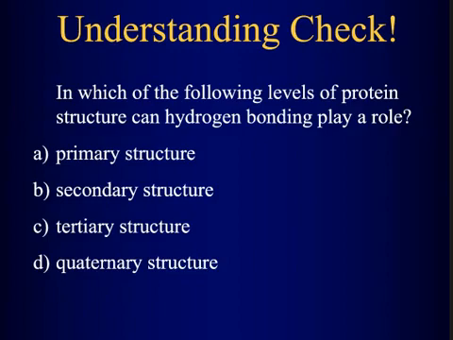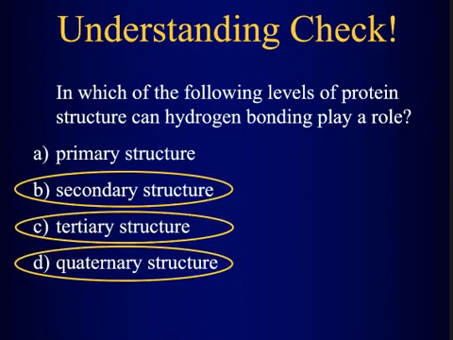Alright, so let's see how much of that last section you can remember. In which of the following levels of protein structure can hydrogen bonding play a role? Which ones are held together or can be held together by hydrogen bonds? Well, all of them except for our primary structure.